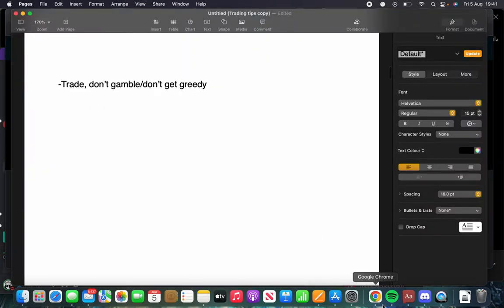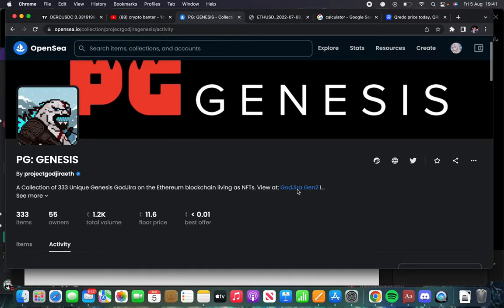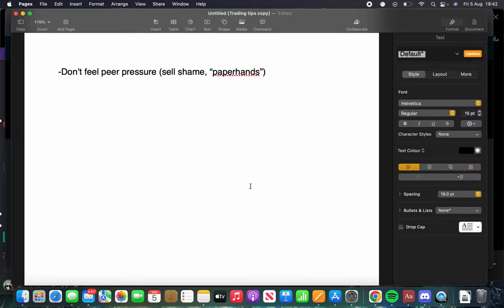And again, I think maybe some of the reasons that some people don't sell is due to my next point, and that's to not feel peer pressure in terms of sell shaming and paper hands, right? I really don't like the term paper hands, to be honest, because in my opinion, flippers really make a project, because they set the floor.